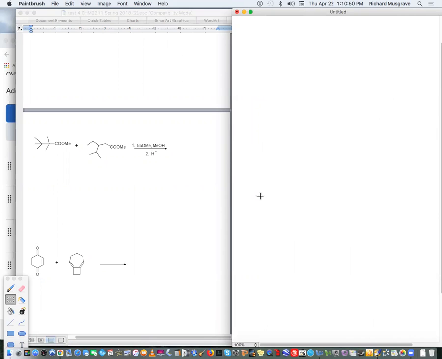So let's look at this. This is a 3D, and the reason you know it's 3D is because the double bonds here are in the ring. I don't remember if I've done this one before or not, but I might have. It's possible. Maybe not.